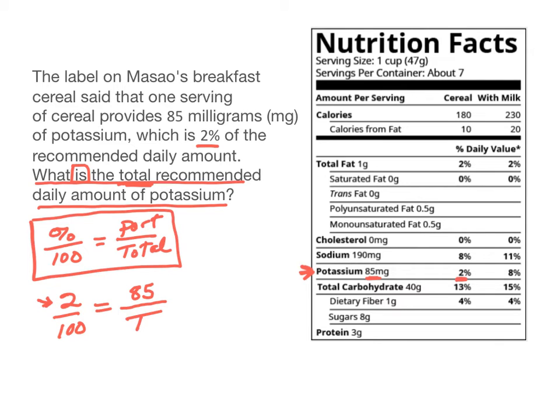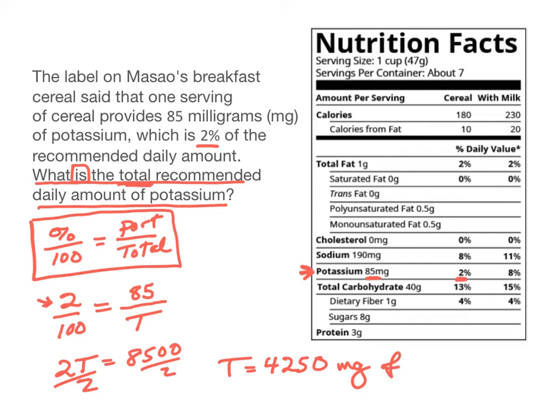And then after you find that, check to see if your answer makes sense. So now remember in proportions, cross multiplying. So that's going to be 2t equals 85 times 100, and then divided by 2. So t equals whatever 8,500 divided by 2 is. And that should be 4,250 milligrams of potassium.